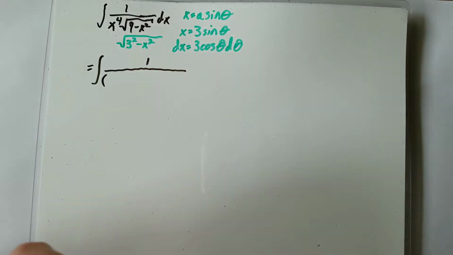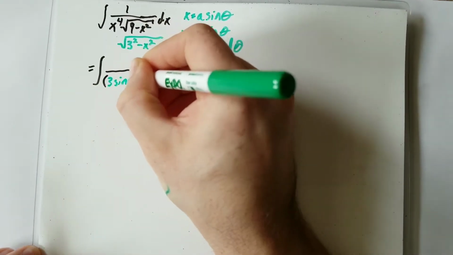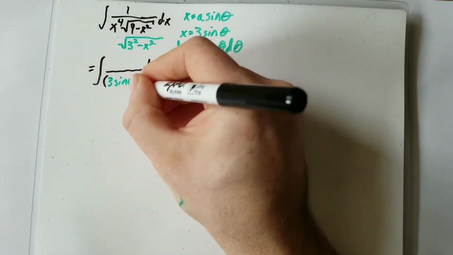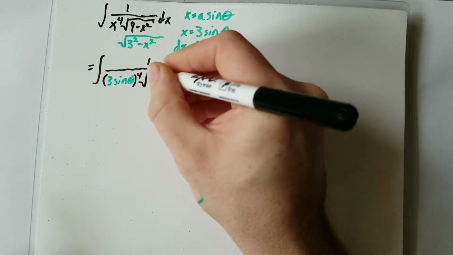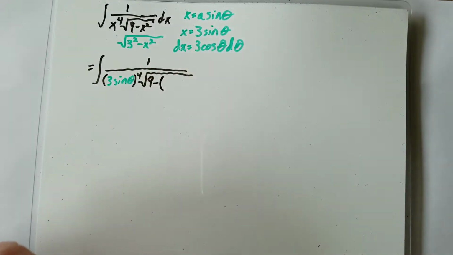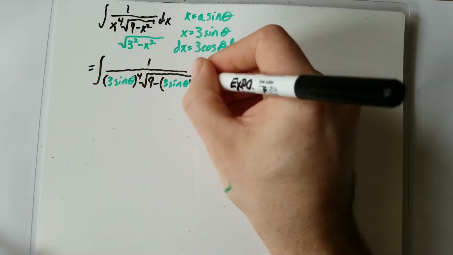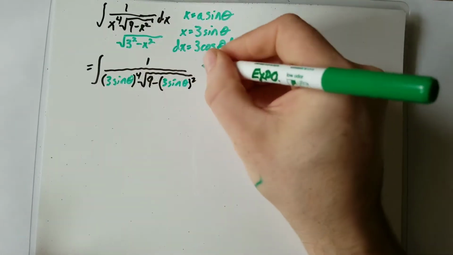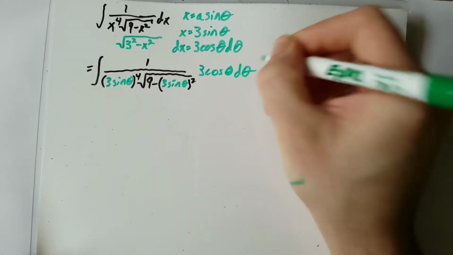So we've got the integral of 1 over 3 sine theta to the 4th power times the square root of 9 minus, we'll put this in parentheses, 3 sine theta squared. And that is 3 cosine theta d theta.